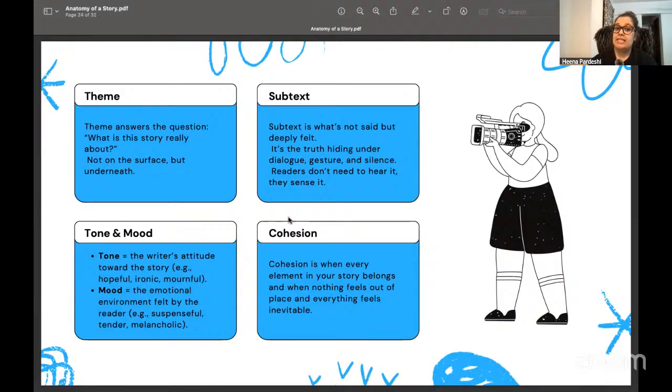Does every scene serve the same emotional thesis? Does every choice reflect the protagonist's inner conflict? And does the story end in harmony with its beginning? If you can answer all these three questions via your story or your character, then your story will have cohesion.